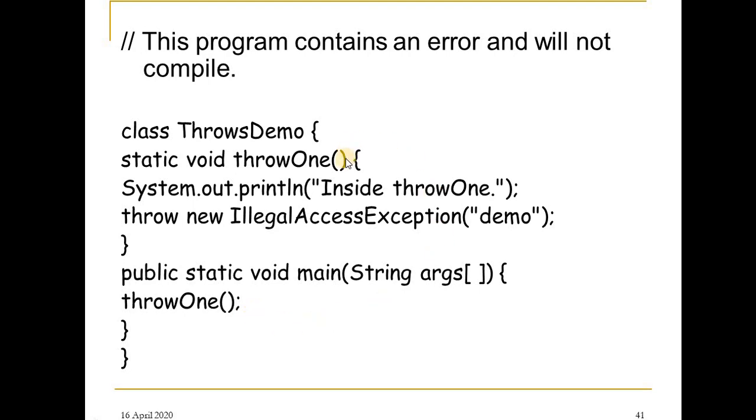Whenever you throw an exception explicitly or manually by using the throw keyword, you need to handle that exception in your program. The default handler of the Java runtime system will not handle the exception if you manually throw an exception. That you have to remember.